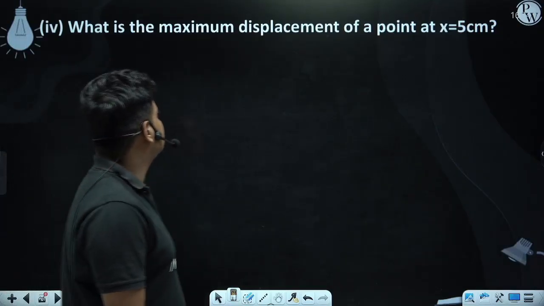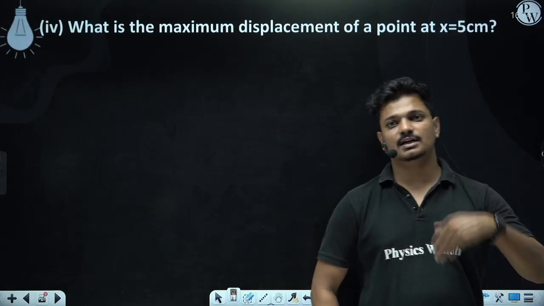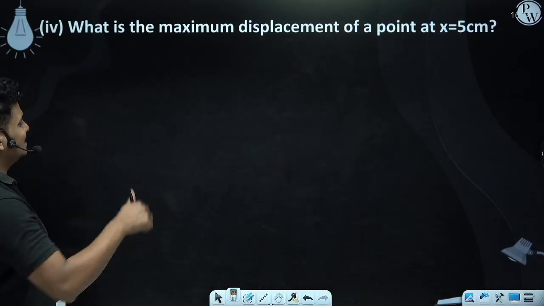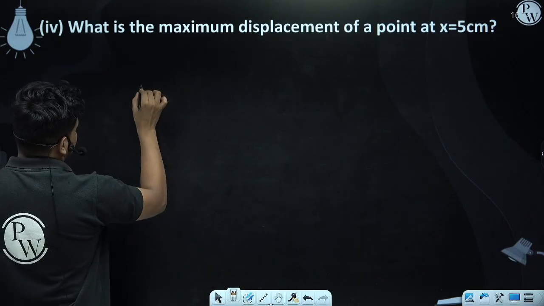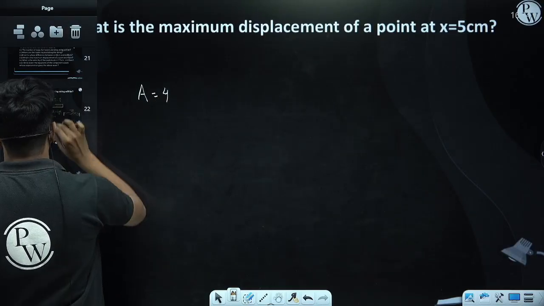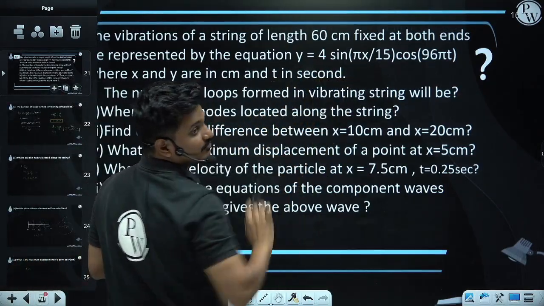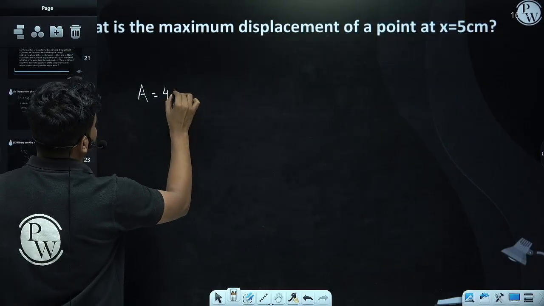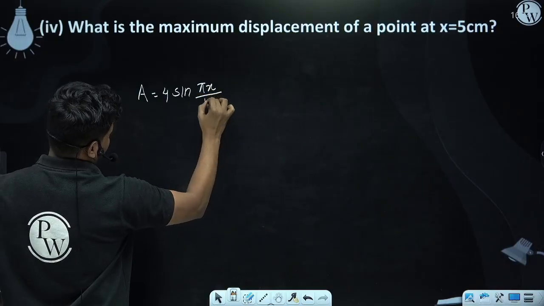Then, what is the maximum displacement of a point at x equal to 5 centimeters? They are asking for the amplitude. So what is the amplitude here? 4 sine pi x by 15 is the amplitude.